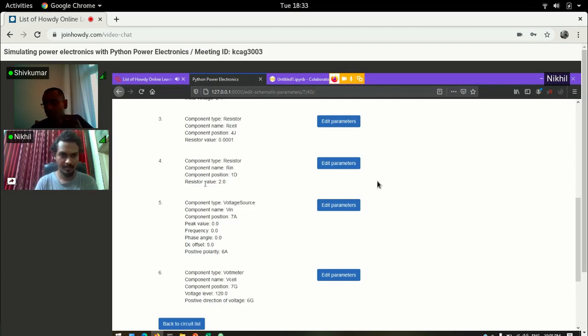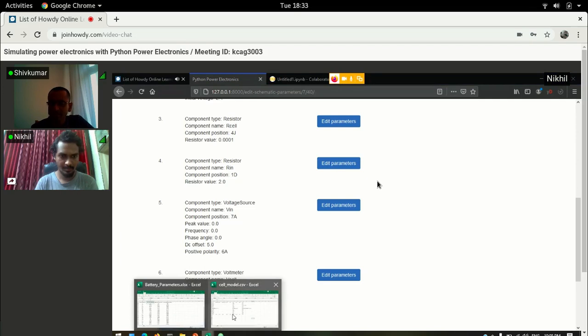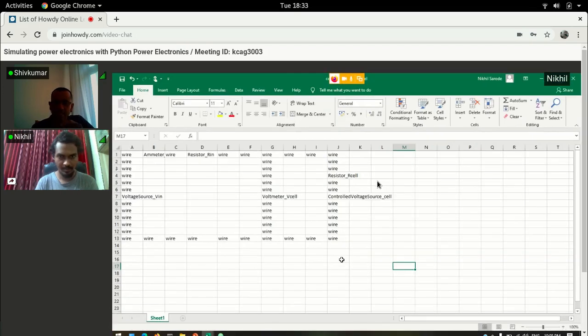So what I would say, go back to your circuit and instead of resistor, make it variable resistor. Because now what happens, you can set the value of this variable resistor from code.